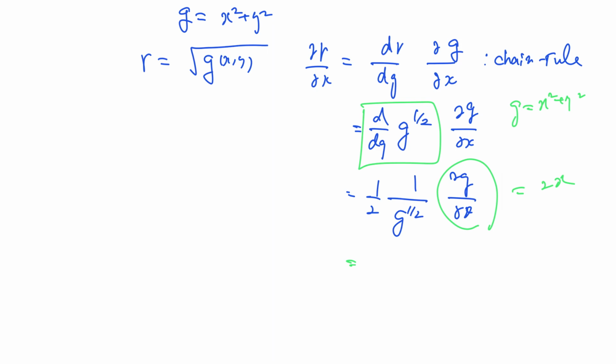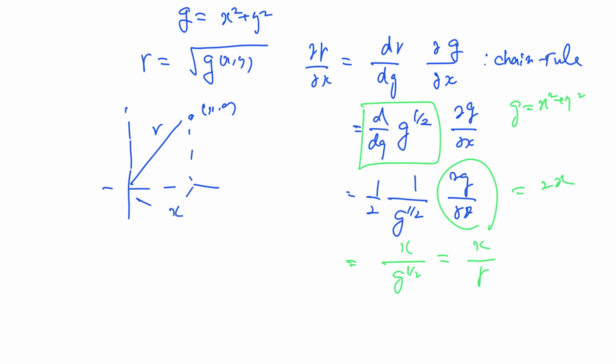So this is g to the minus half times x, r over x. This is r, this is x. So x over r is actually cosine theta.